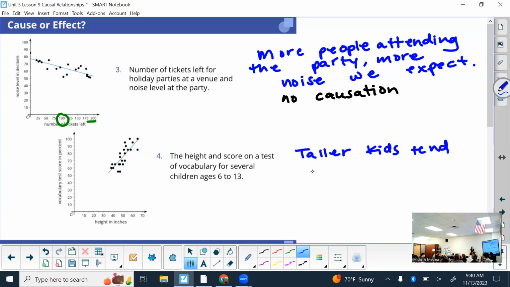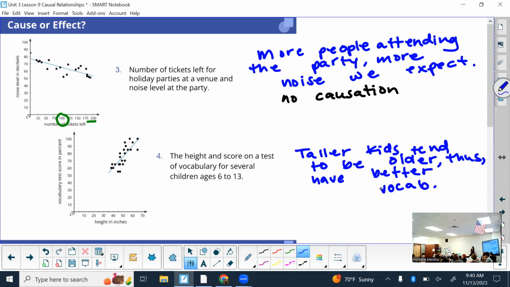Not all the time, but the taller kids tend to be older, therefore, or thus, since I don't have room, have better vocabulary. That's why they're strongly correlated. Is there causation in this one?